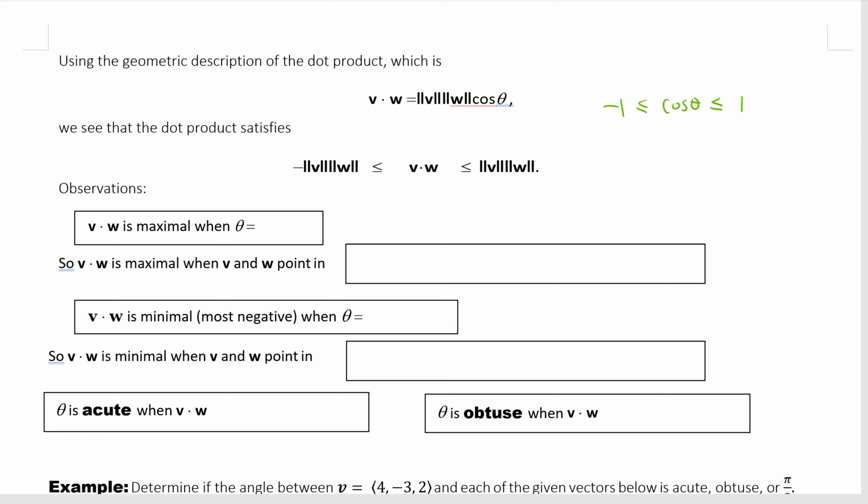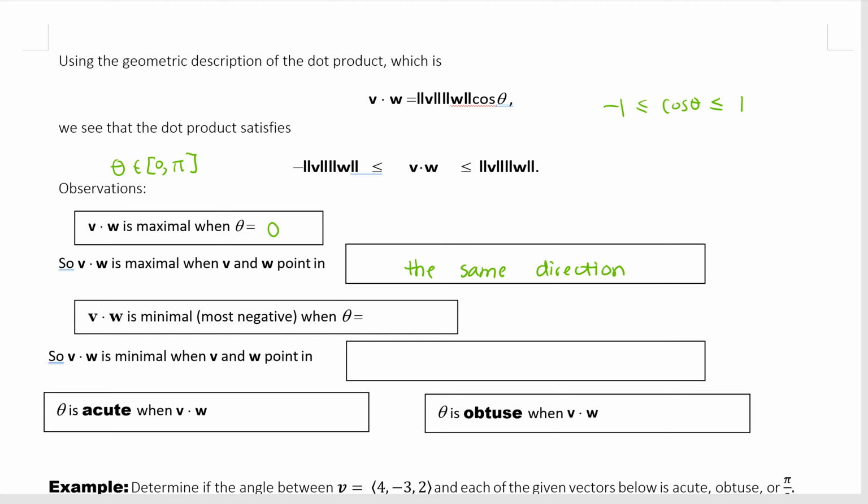So when is this maximum? When cosine is 1. Imagine the angle between them is between 0 and pi. So it's maximum when the angle is 0. So we say V and W point in, any guess? The same direction.